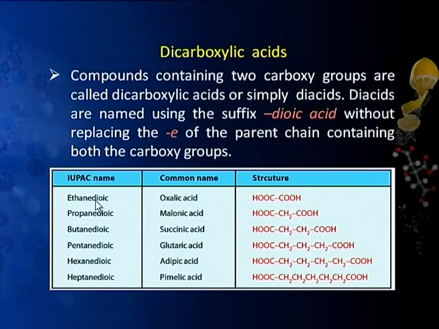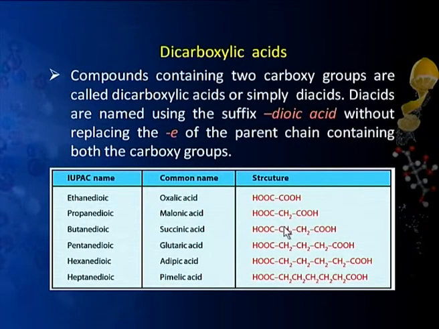For example, these are some dicarboxylic acids. The simplest dicarboxylic acid is oxalic acid, and it is called ethanedioic acid. A 3 carbon dicarboxylic acid is commonly known as malonic acid and its IUPAC name is propanedioic acid.